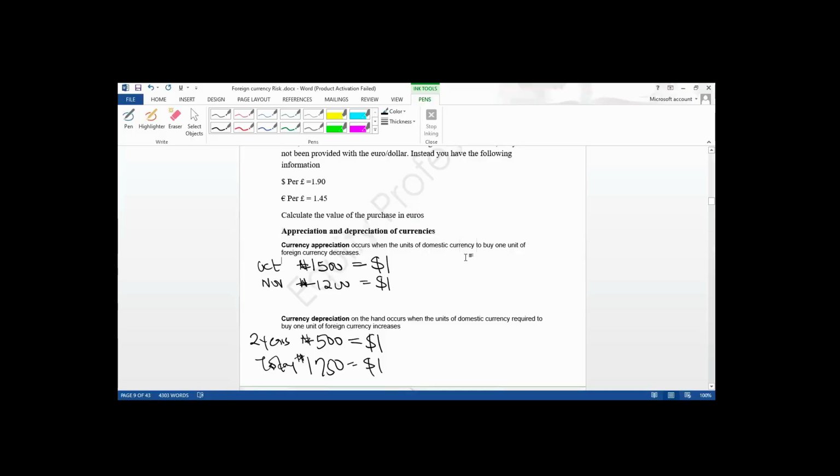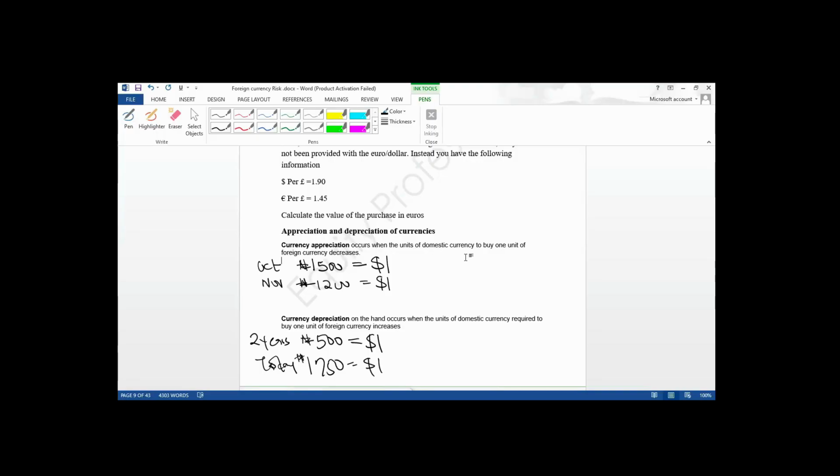Our next discussion, currency appreciation. Currency appreciation, of course, is when the number of units of local currency required to buy 1 unit of foreign currency falls.